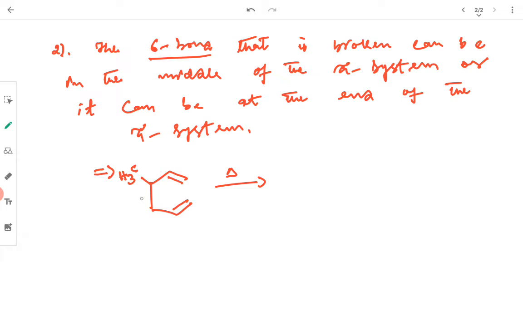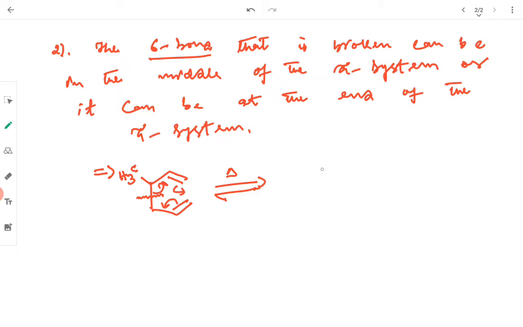So what happens? This sigma bond is broken. Okay, it will go here, this will go here, and this will go here. This is the movement of the electrons that is shown in sigmatropic reaction. It's a reversible reaction, by the way.